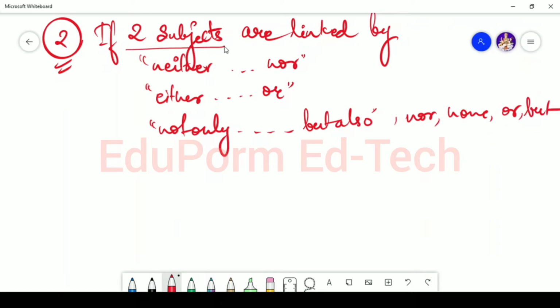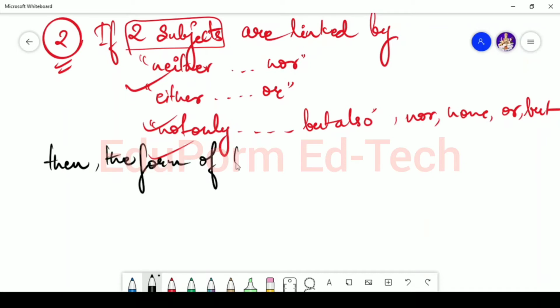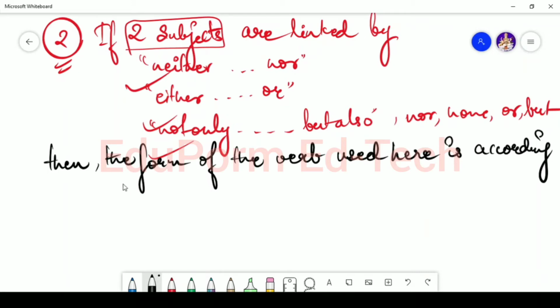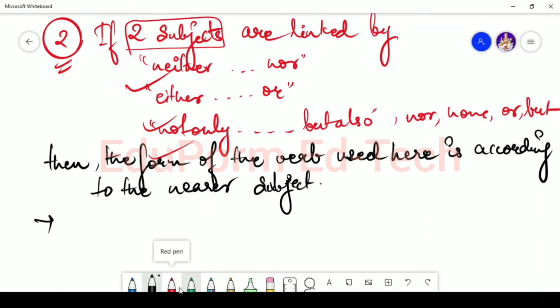Okay, so if any two subjects are linked by any of these, then in that case the form of the verb used here is according to the nearer subject. Obviously, whenever you are making out the sentences, one subject happens to be much nearer and one will be the farther subject.